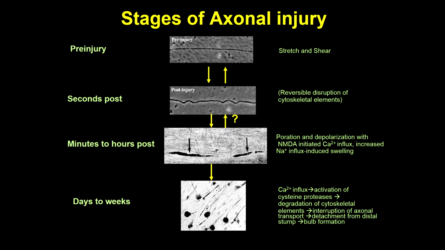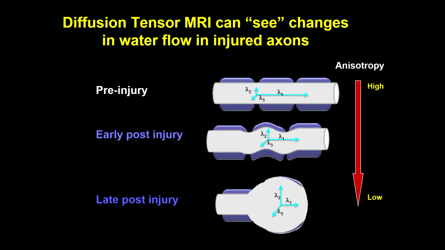And this is fortuitous for us, since we have an imaging technique that is sensitive to water flow. And so diffusion tensor can see changes in water flow.